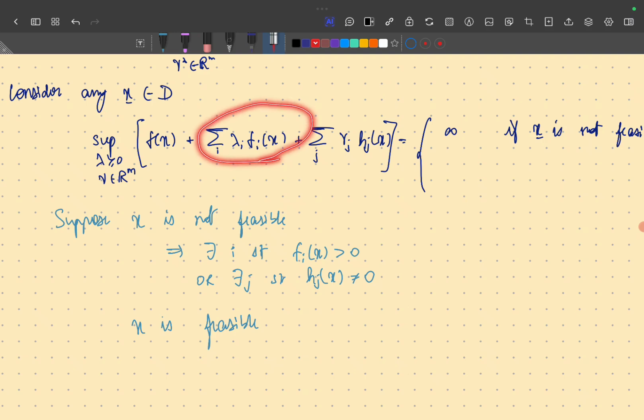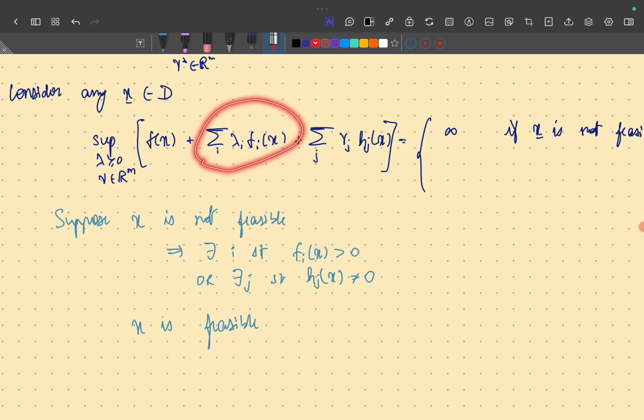But we have this term to take care of. So if x is feasible, what can you say about each fi of x? It is less than or equal to 0. Lambda i fi of x can only be less than or equal to 0. So this whole quantity can only be less than or equal to 0.